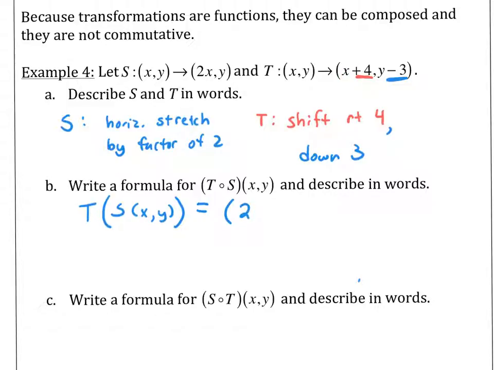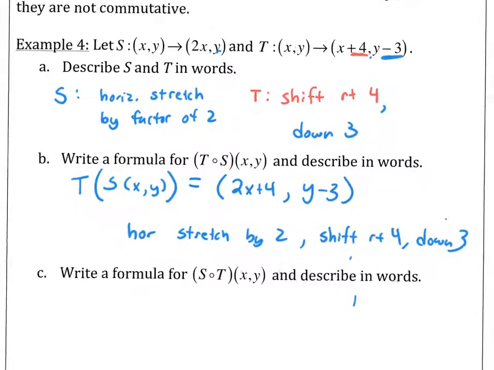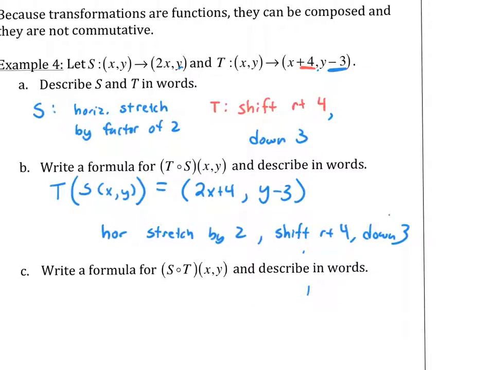So now I say 2x plus 4, and the y gets substituted over to there, so y minus 3. The first thing that happens here, according to order of operations, is I'm going to multiply first. So that means the first thing that happens is horizontal stretch by 2. Then I'm going to shift right 4 and down 3.